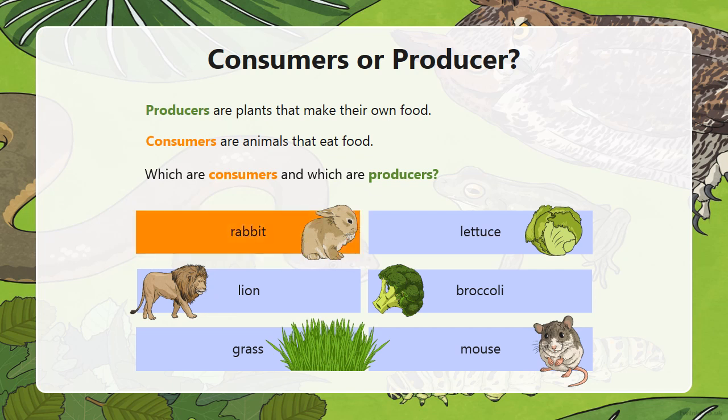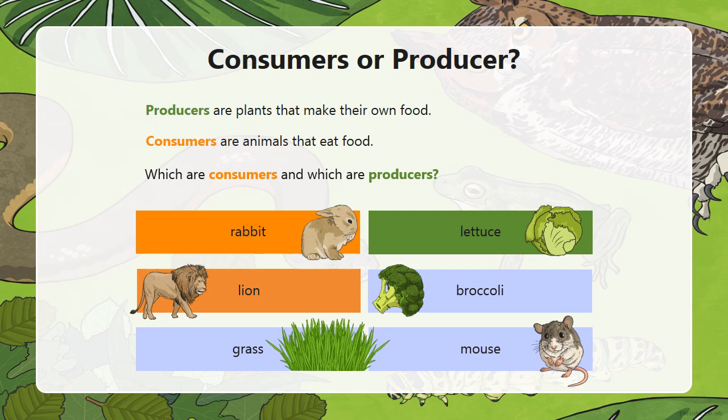Here you can see a rabbit is an animal. So it is a consumer. Lettuce, a grown plant, is a vegetable. It's a producer.